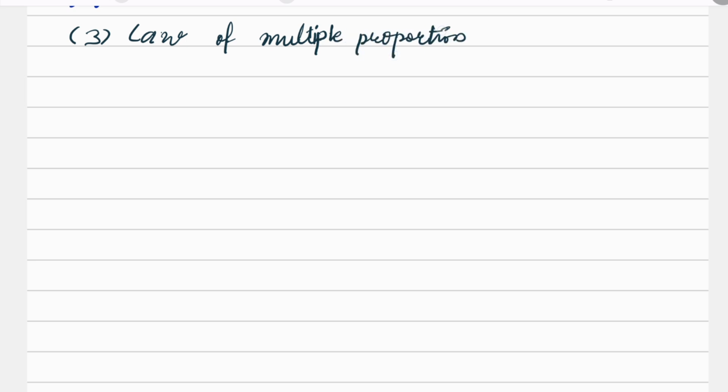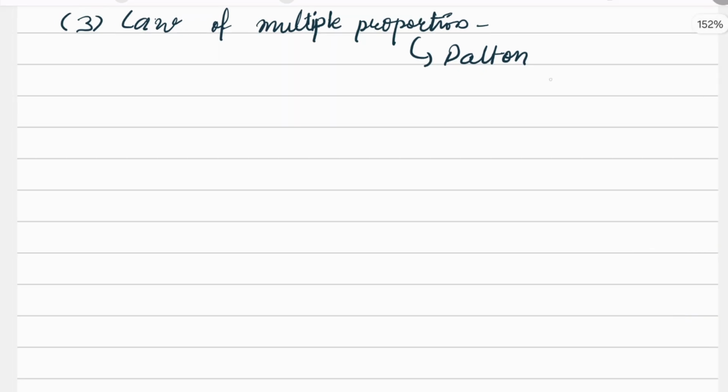Okay, let's talk about the third law. Law of multiple proportion. It was actually given by Dalton in 1803.